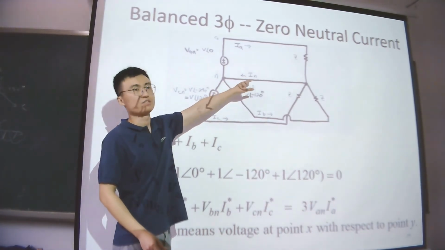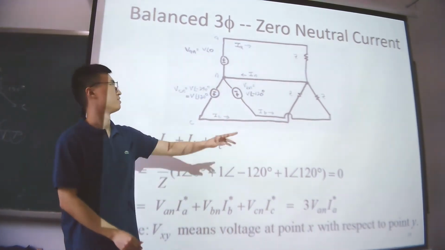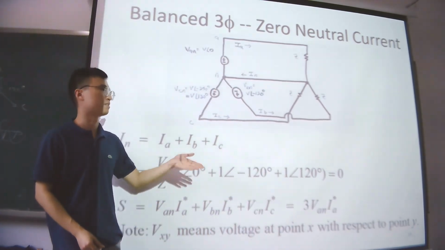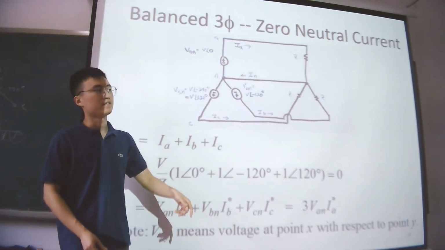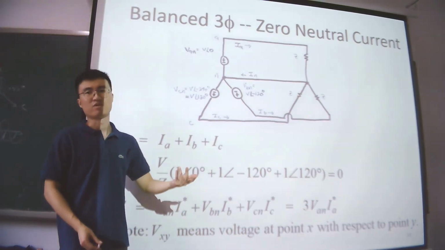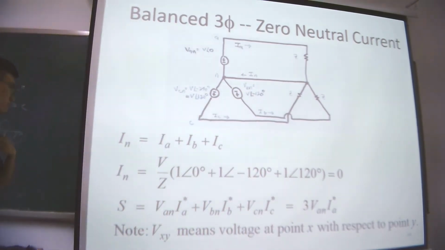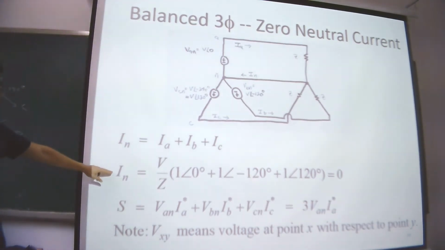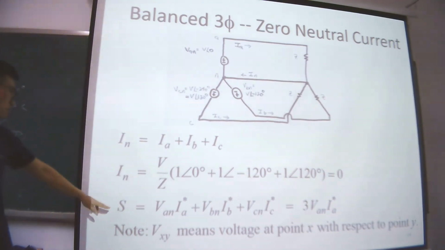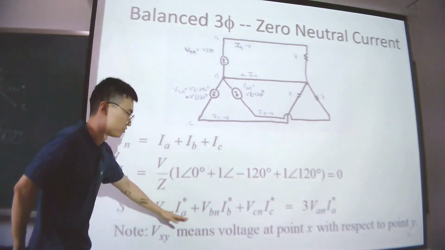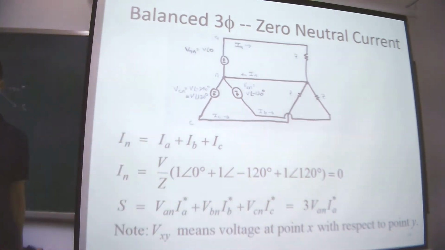According to the KCL rules, the sum of the three phase currents A, B, C is zero. So the neutral current is zero. So the complex power of all the three phases is exactly three times that of one phase.